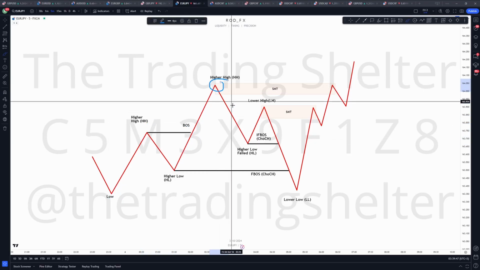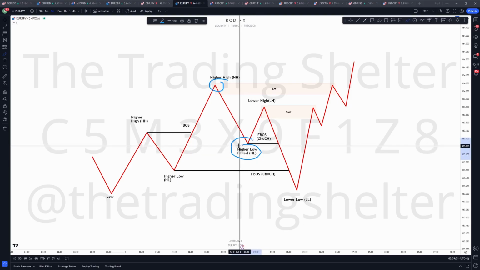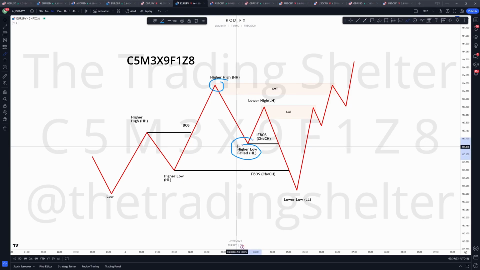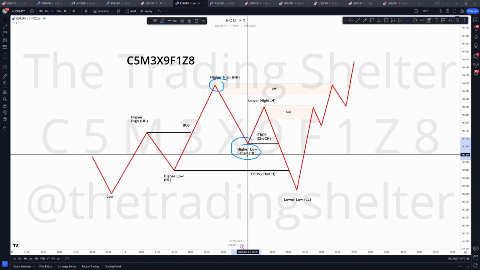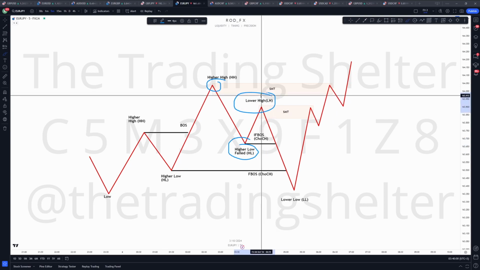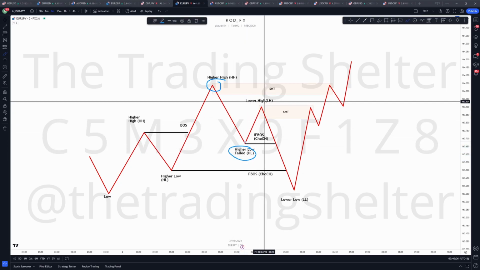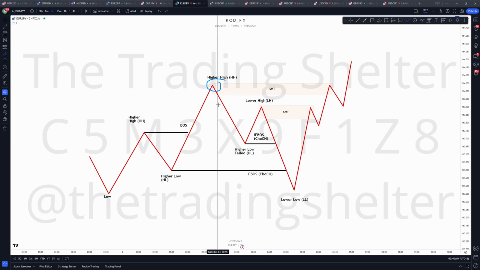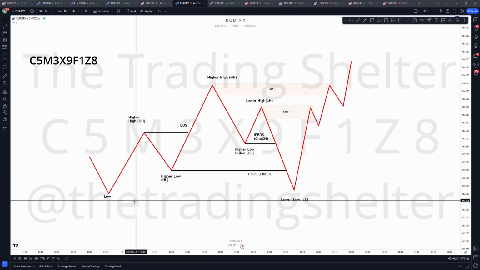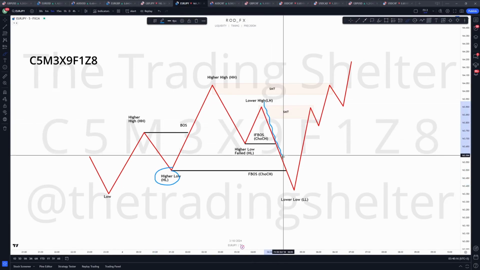Higher high. And now, instead of putting a lower low or higher low, we have a confirmed failed higher low, just because the lower high hasn't made a new high. This failed because this point closed below the previous high. And as you can see, we have that higher low here.